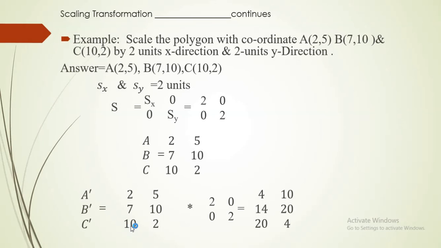Then C dash: the third row is multiplied into the first column of the matrix, that is 10 into 2 plus 2 into 0 is equal to 20, and the third row multiplied into the second column, that is 10 into 0 plus 2 into 2 is equal to 4.